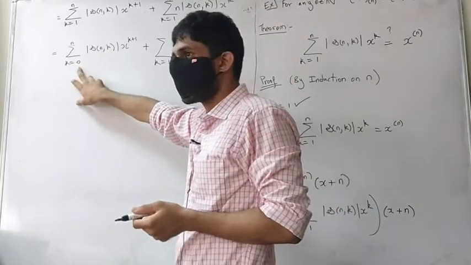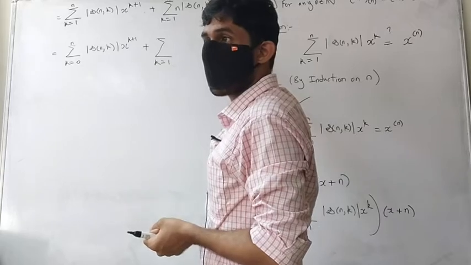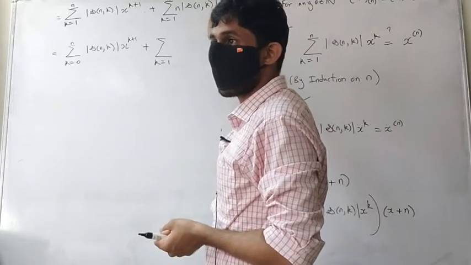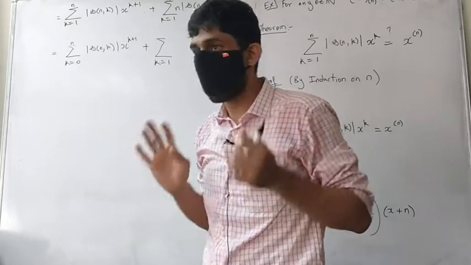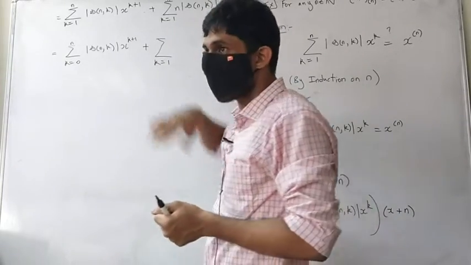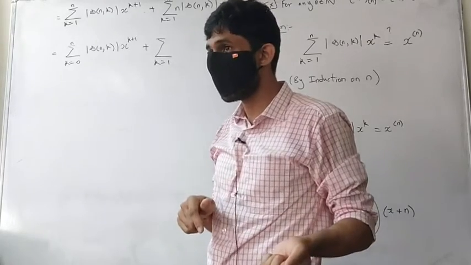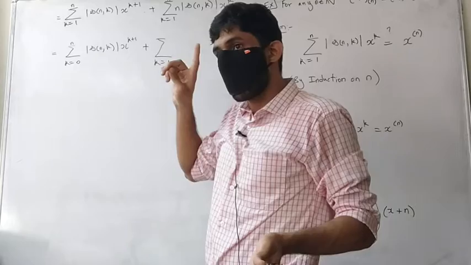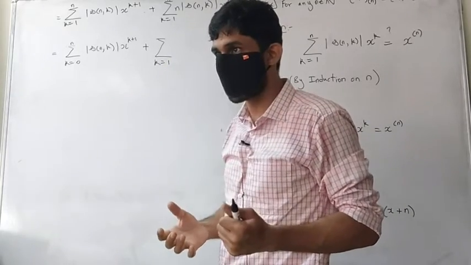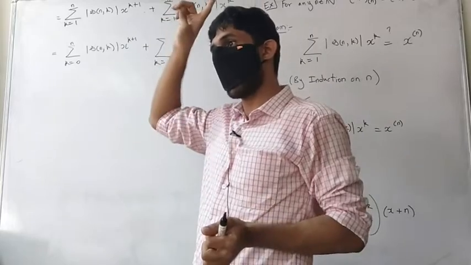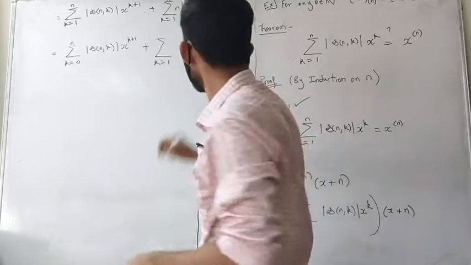Here I can put the 0th term because it's anyway 0, so why not? What would be the n plus 1th term? The k is n plus 1, right? But S(n, n+1), there is no way you can get that. This is the number of permutations of an n set with k orbits. It's impossible to have permutations of an n set with n plus 1 orbits. So S(n, n+1) would be 0.